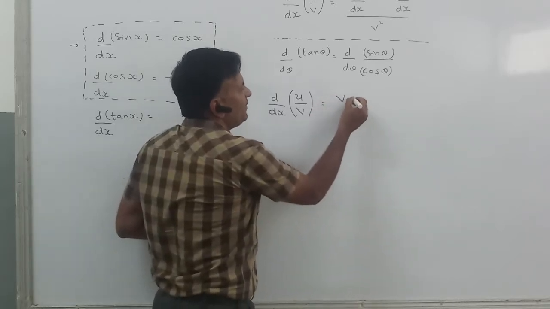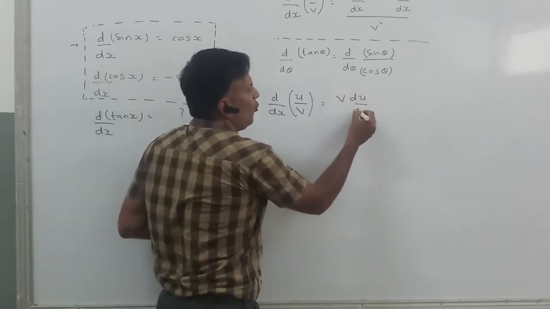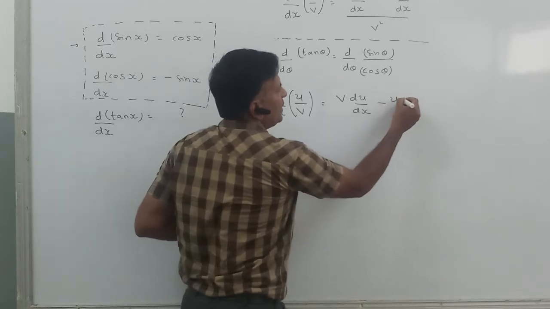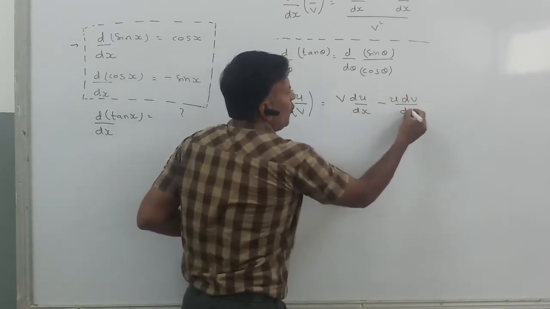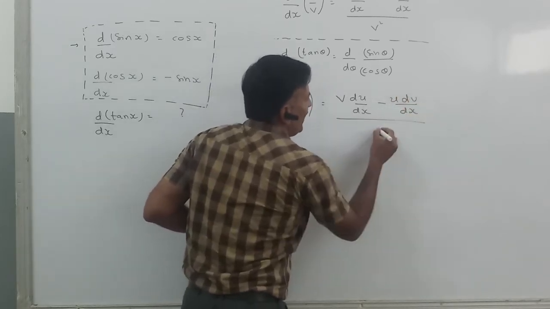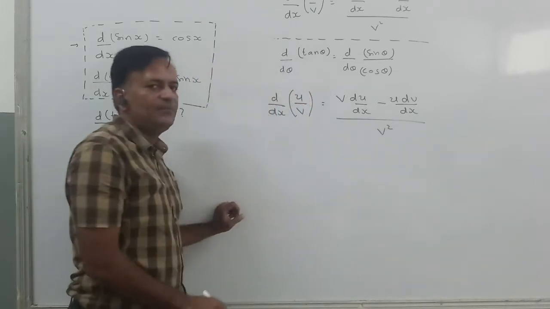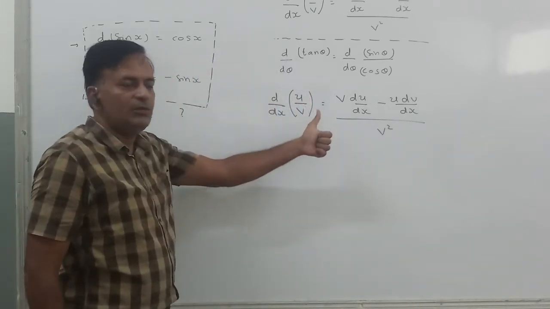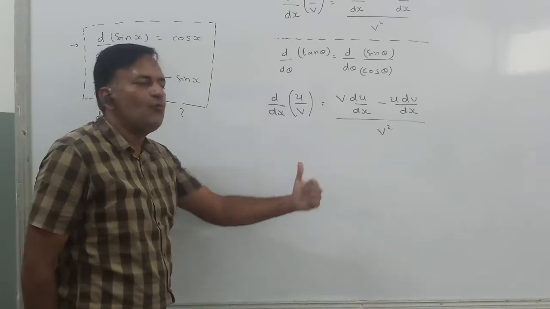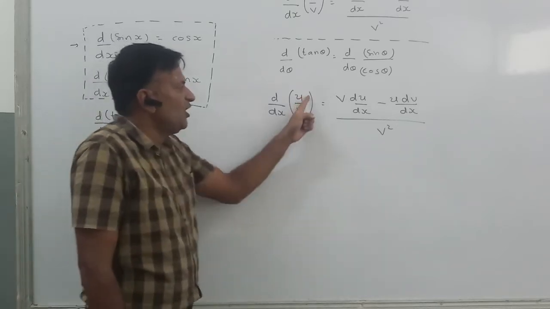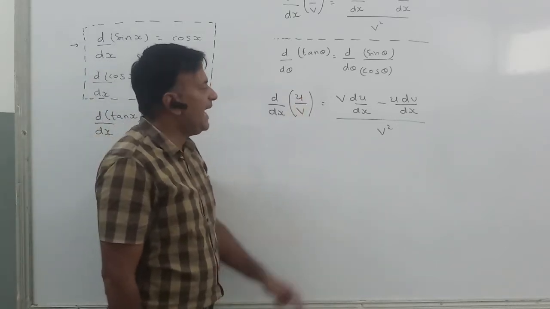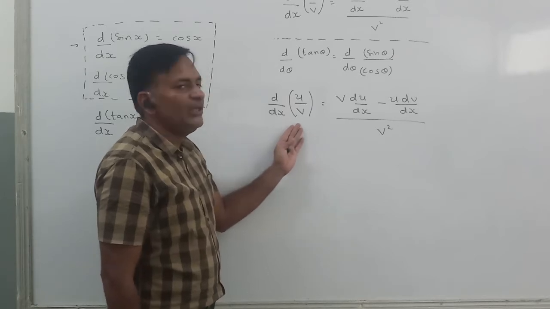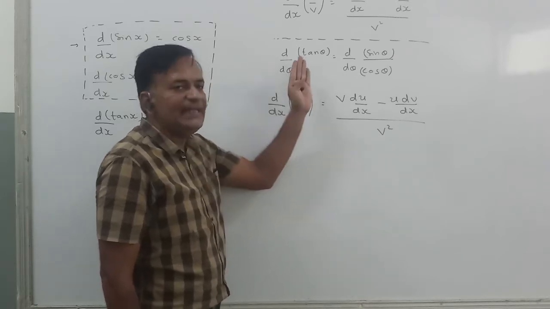It is given as v du over dx minus u dv over dx, whole divided by v square. Now this is the thumb rule. You have to remember this whenever you want to carry out the differentiation of fractions. And now, based upon this rule, we will do the differentiation of tan theta.